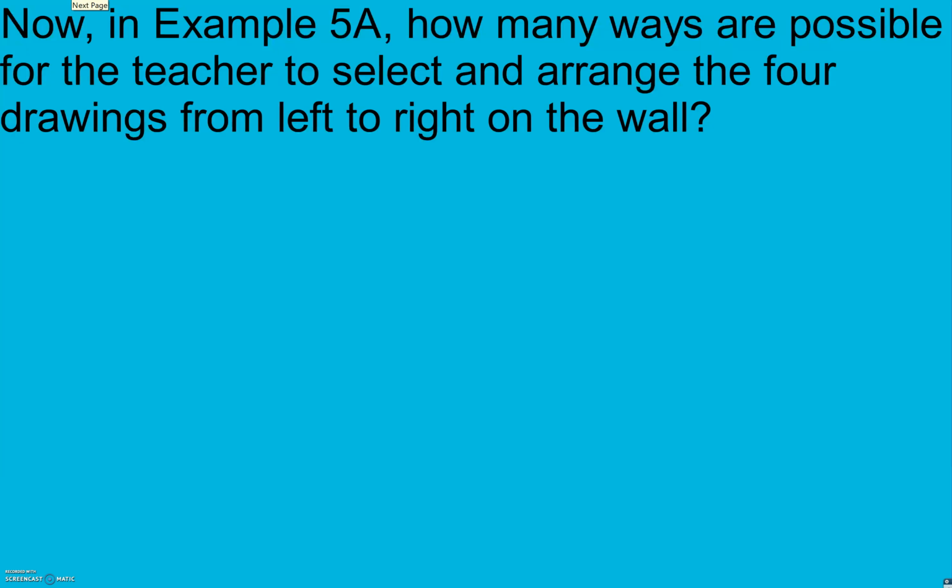Now, in example 5a, which was the chemistry teacher problem, how many ways are possible for the teacher to select and arrange the 4 drawings from left to right? So here, order matters. She's putting them up left to right. So we're going to use permutations. We have 8 groups. r, we're using 4 at a time.